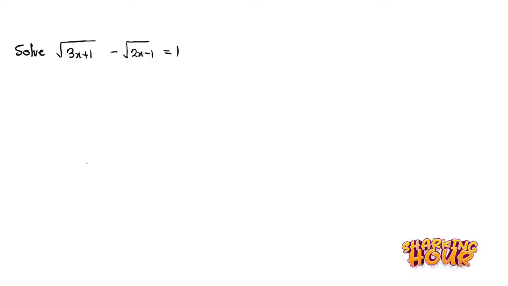So to make the work easier, first I'll move the negative root 2x minus 1 to the right hand side so that I have only 3x plus 1 over here. That is what I am going to do.